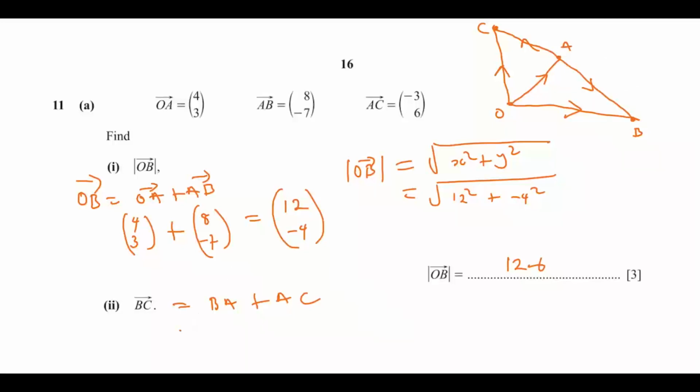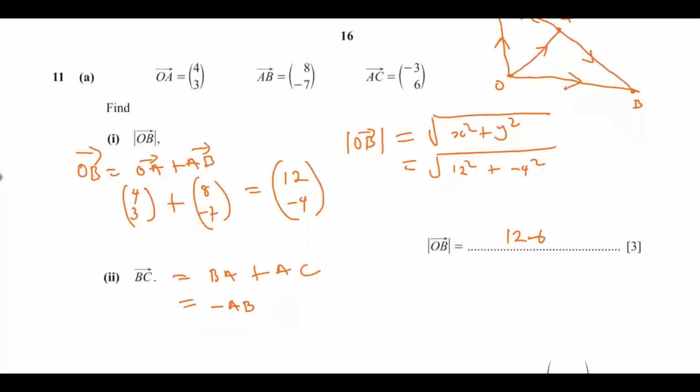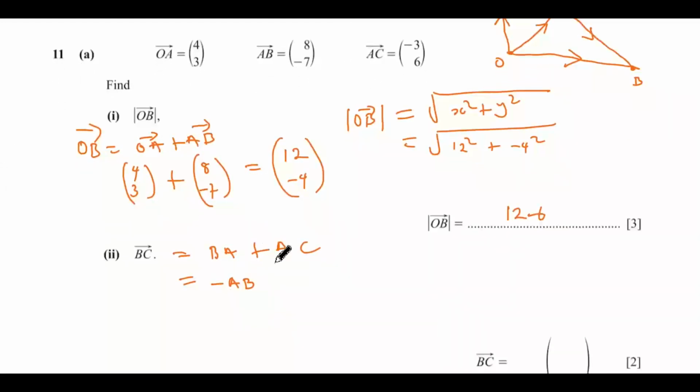So BA will be equal to minus AB, because we don't actually have BA. Then plus AC, so you can write it as AC minus AB.